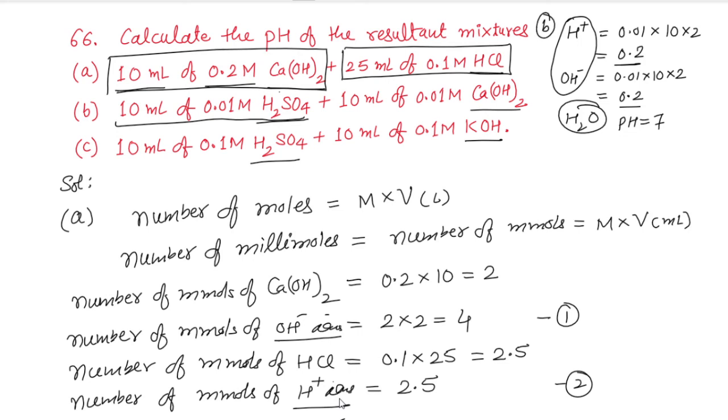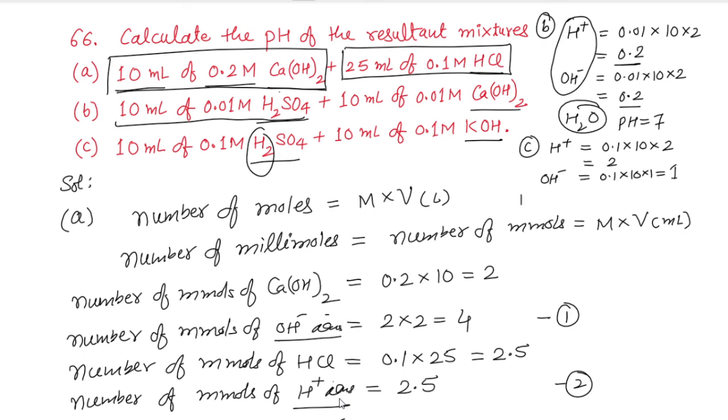Very simple. C part. Again, the number of millimoles of H plus ions is 0.1 into 10 into 2, because of H2SO4, so it is 2. And the number of millimoles of OH negative ions is again 0.1 into 10 into 1, because there is only one OH negative, so that comes out to be 1.